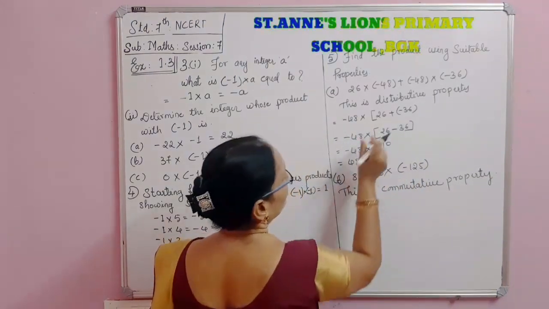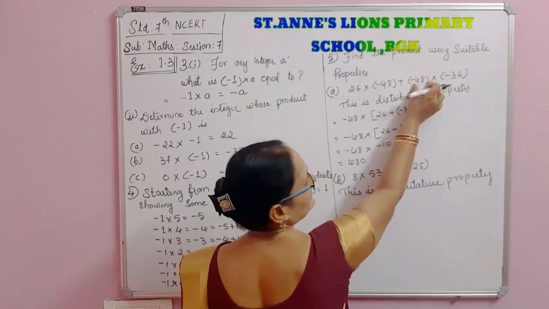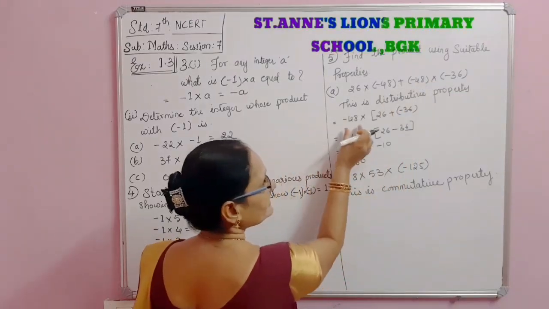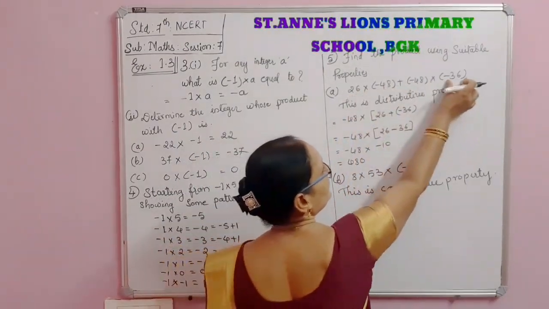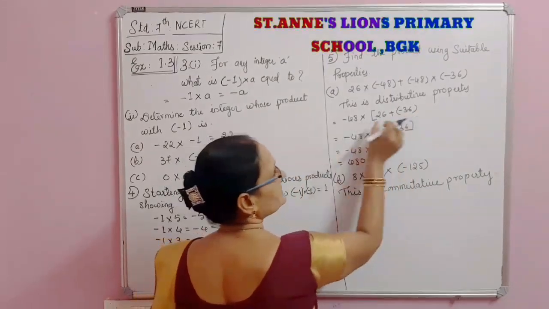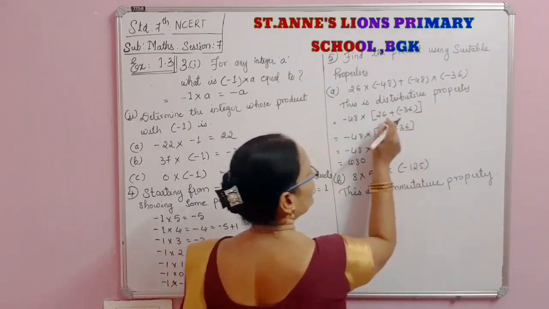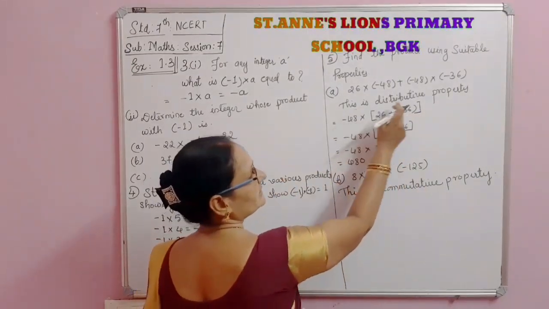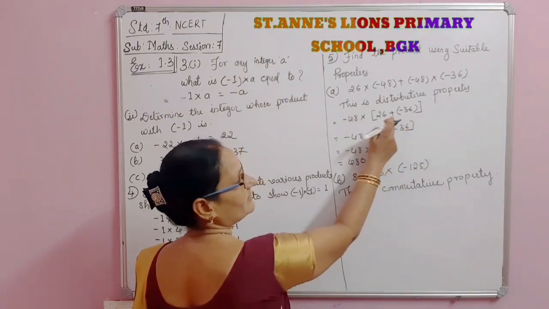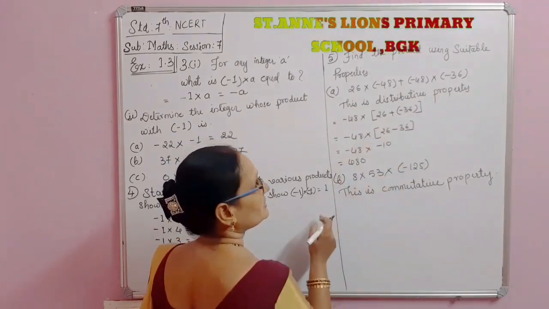See how? Here see, one number has come repeatedly. So that number is taken out as the common. Remaining two numbers will be written like this. That means this is distributive property for addition. If in between the addition is there, for addition we can write.